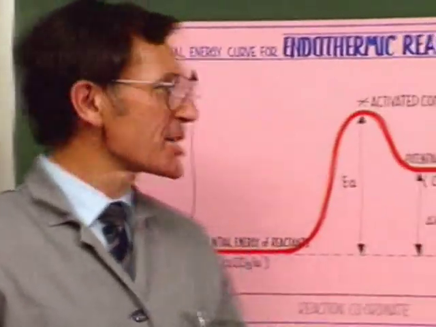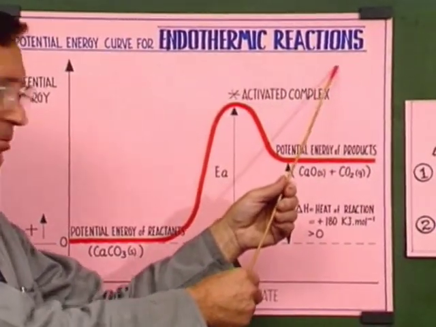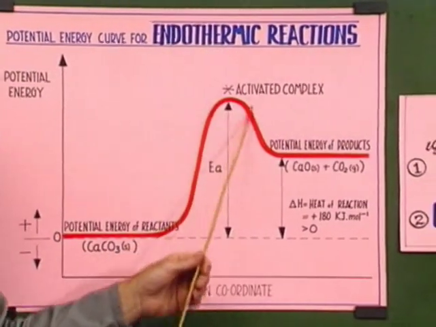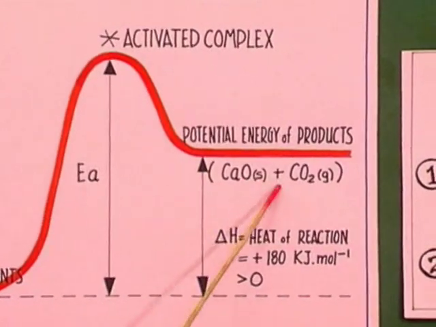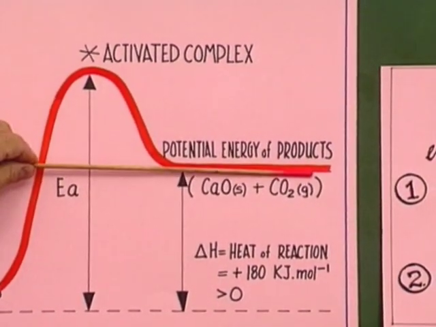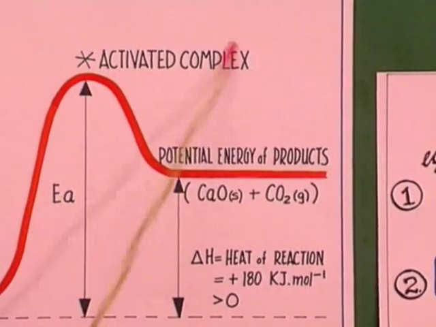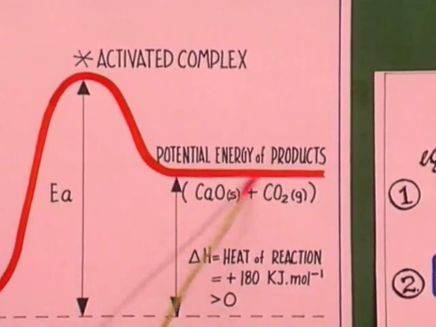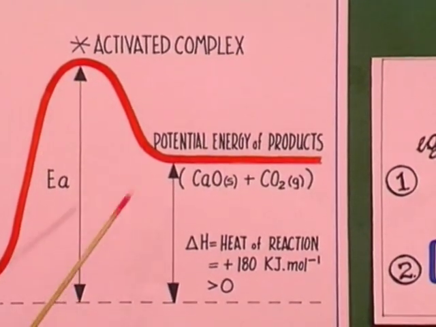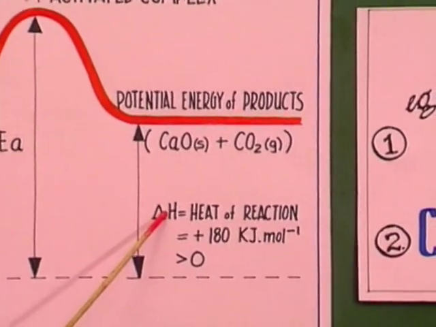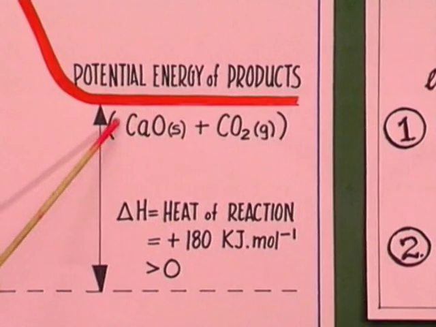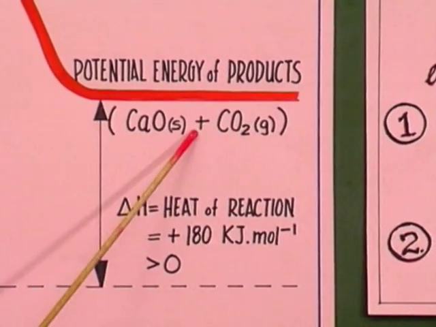However, in the case of endothermic reactions, like the thermal decomposition of calcium carbonate into the product calcium oxide and carbon dioxide gas, the drop in the potential energy during the decomposition of the activated complex into products is less than the activation energy. The difference, delta H, the heat of reaction, is stored as potential energy in the bonds of the newly formed products.